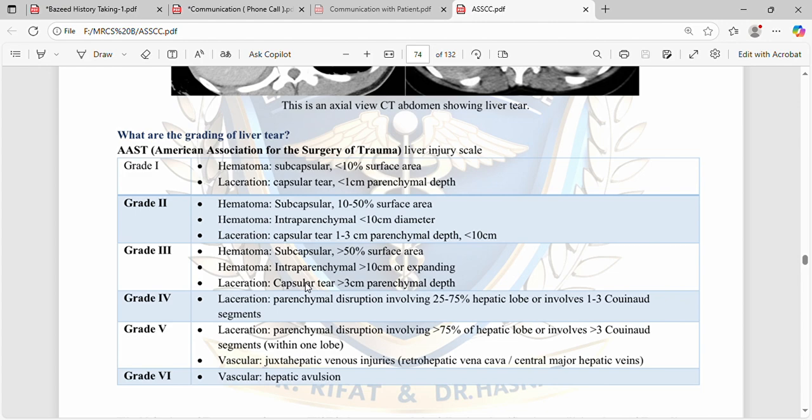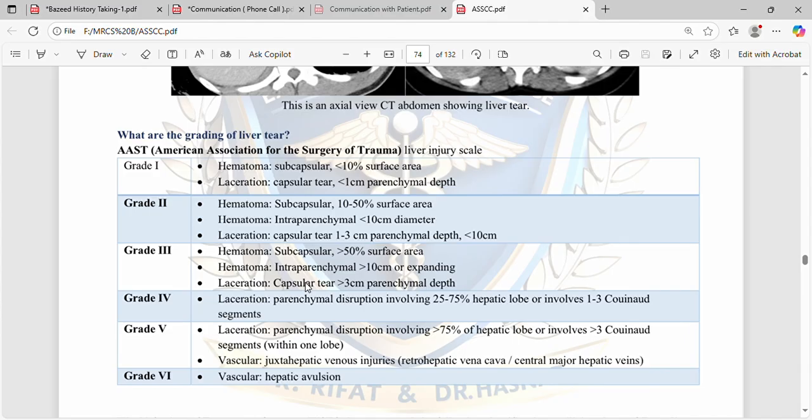So this is done, and then we come to grade 4, which is laceration, parenchymal disruption involving 25 to 75% of the hepatic lobe or 1 to 3 Couinaud segments. In grade 5, more than 3 Couinaud segments or greater than 75% of the hepatic lobe, parenchymal laceration. And in grade 6, we have the hepatic hilum avulsion, where the portal vein and hepatic arteries are gone.